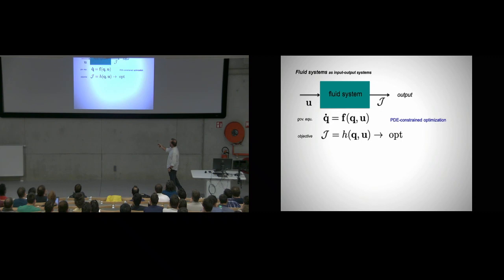My objective, which is a function of the state and my control, needs to be optimized, minimum or maximum. I don't really care about that. But I cannot just optimize into the blue. I also have to satisfy my governing equations. So this is the constraint. I have to be truthful to my Navier-Stokes equations, but within that constraint, I want to do as best as I can. And that one is a PDE-constrained optimization.